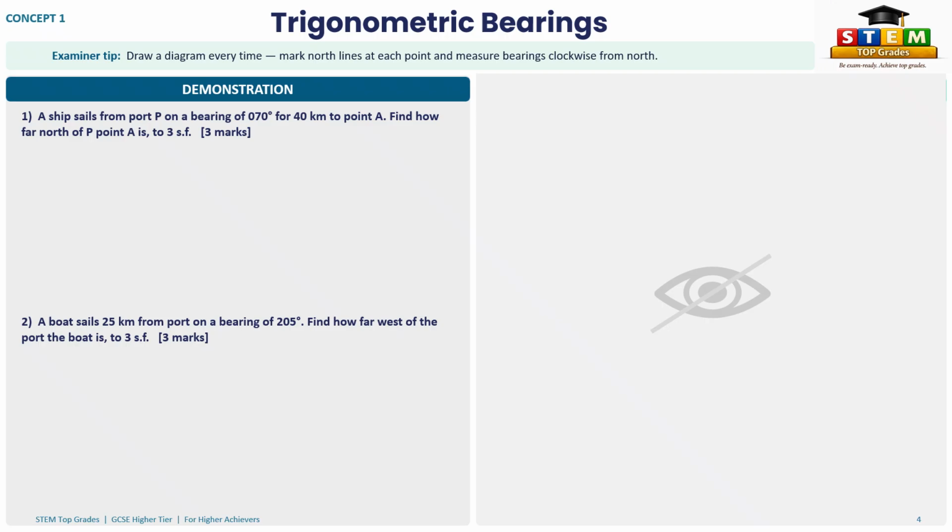So let's decide where we're going to place A. Point P is going to be somewhere to start off, and we are going to draw a north line from P. And from that north line, we're going to draw roughly an angle of 70 degrees.